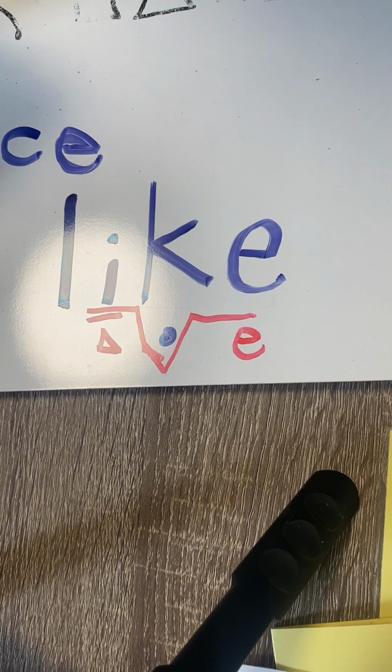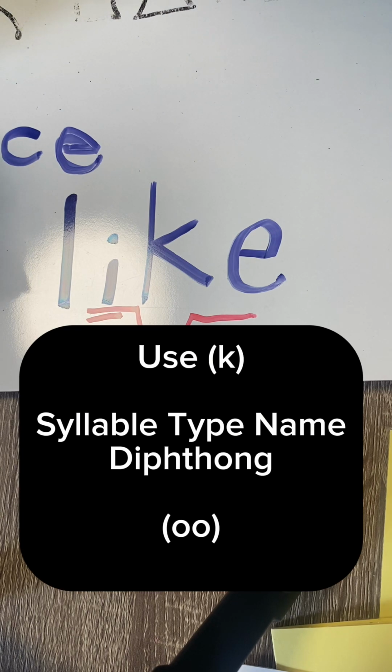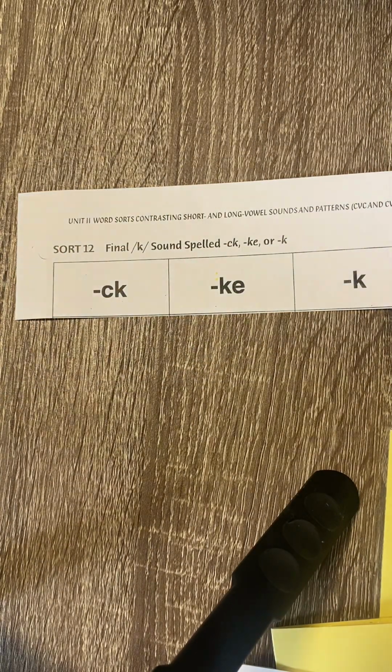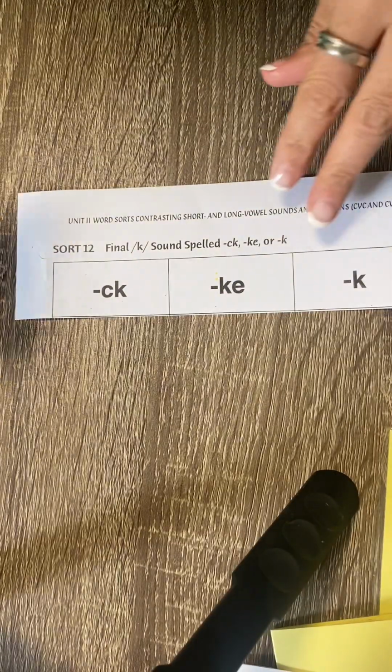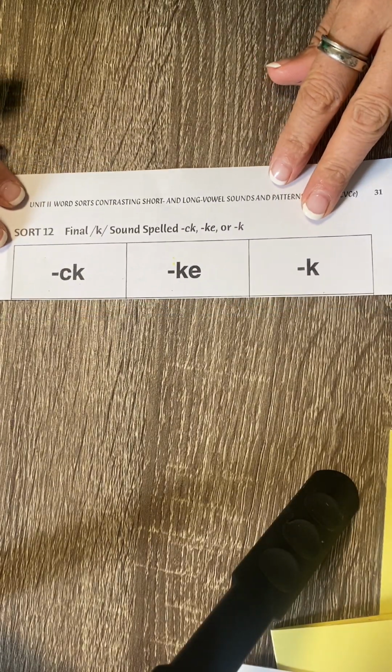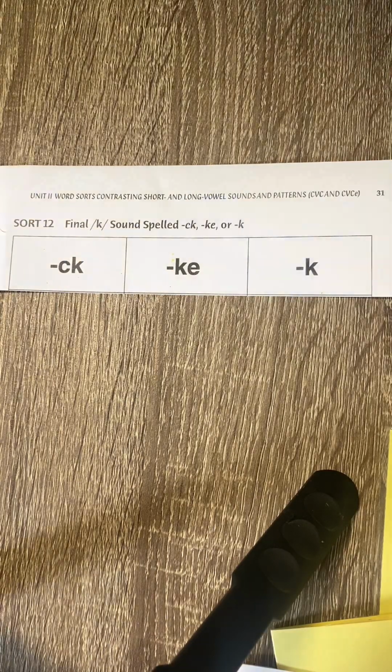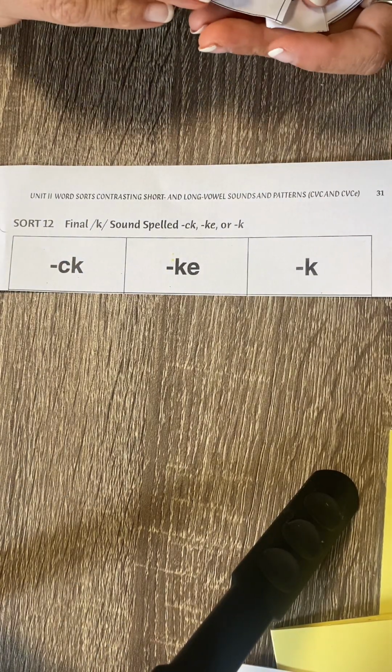Or if it's a totally different syllable type, like in, let's say, shook, the oo will be a K too. So let's just go through some of these words. I'm going to say the word and then I'll show it, and then we'll see what category it goes in. Kick.